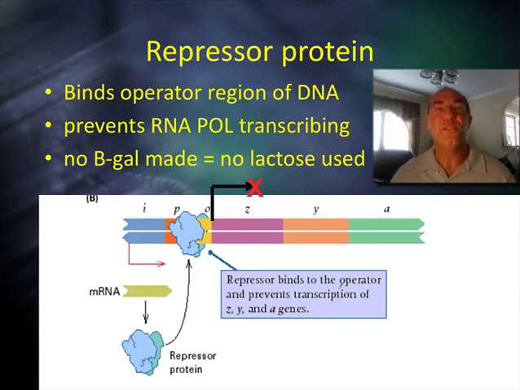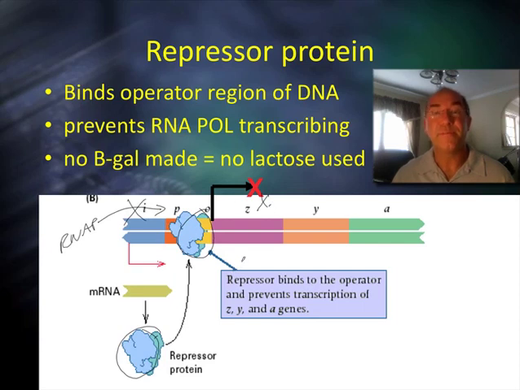So we will look at the two possible scenarios here. Here is the case where the repressor protein is made and it binds to the operator and you get no transcription. And so when the repressor protein is bound, RNA polymerase cannot come in and bind, and therefore you get no transcription.